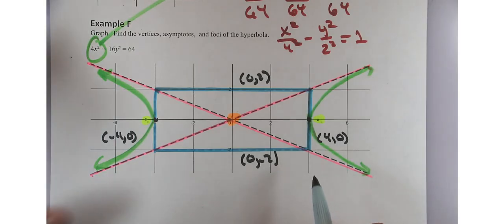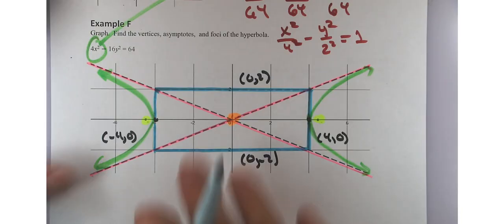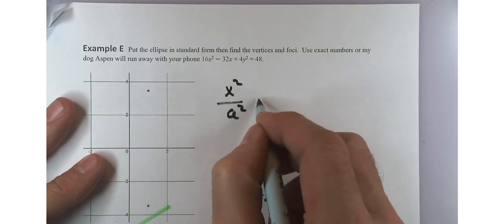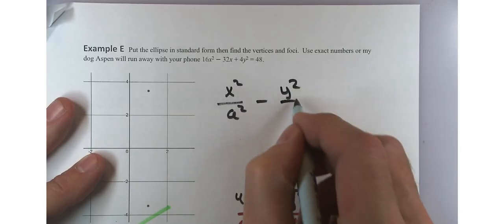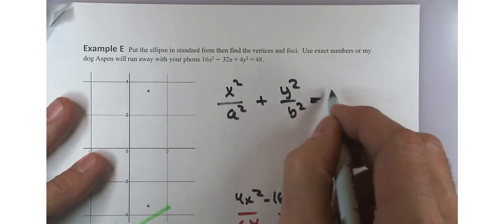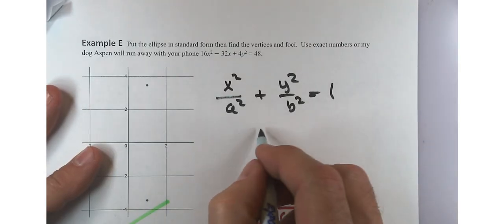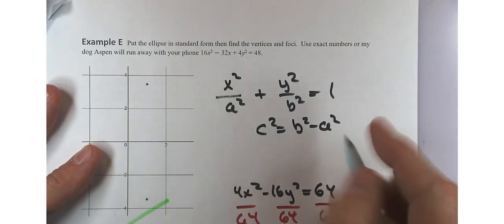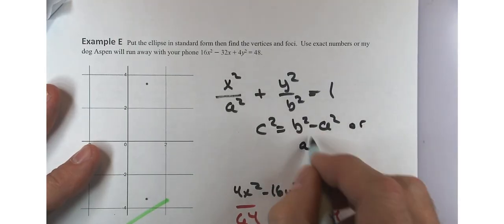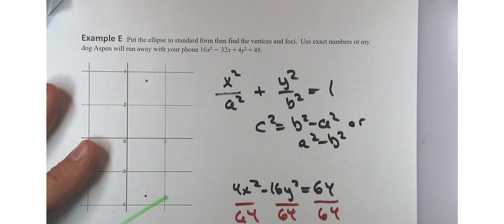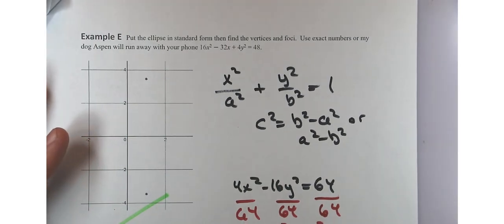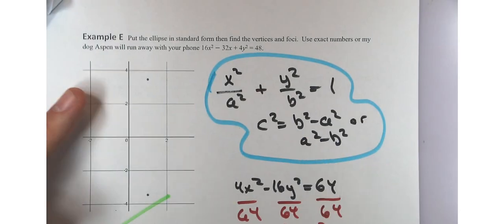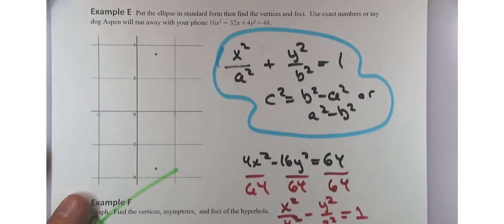Now, when we're dealing with x squared over a squared minus y squared over b squared, and actually, if I had a plus here, I used to calculate c squared equals b squared minus a squared, or a squared minus b squared, to find c. That was for an ellipse. But if we're dealing with a hyperbola, then that formula changes.